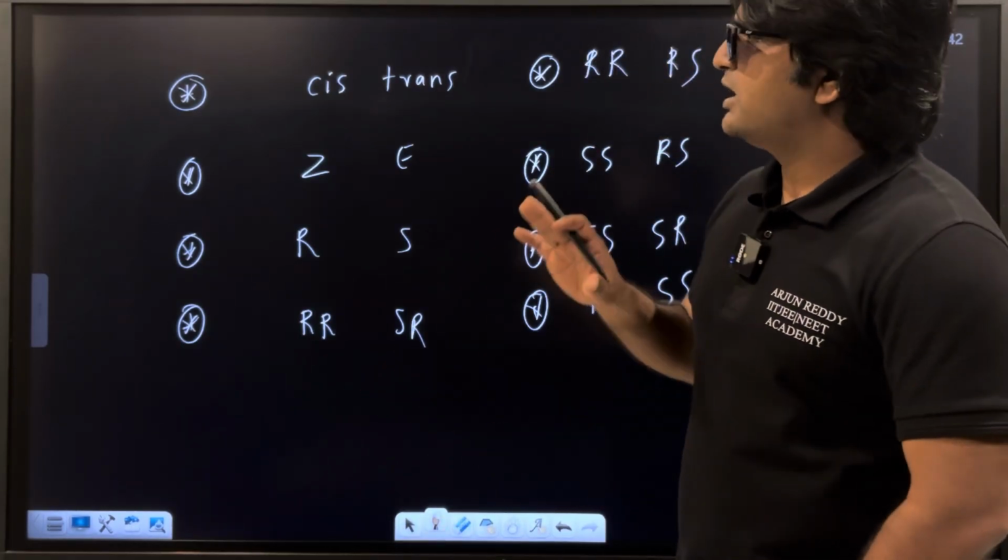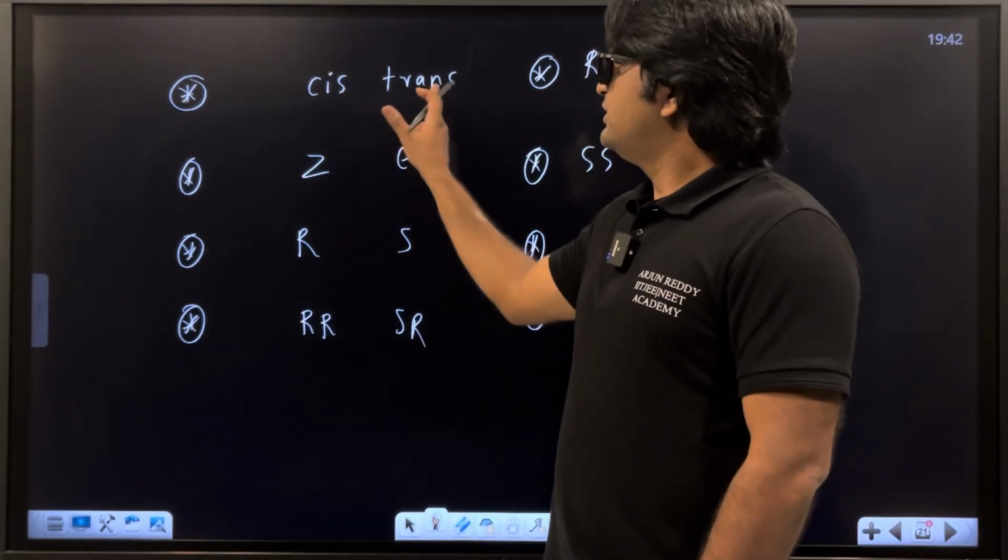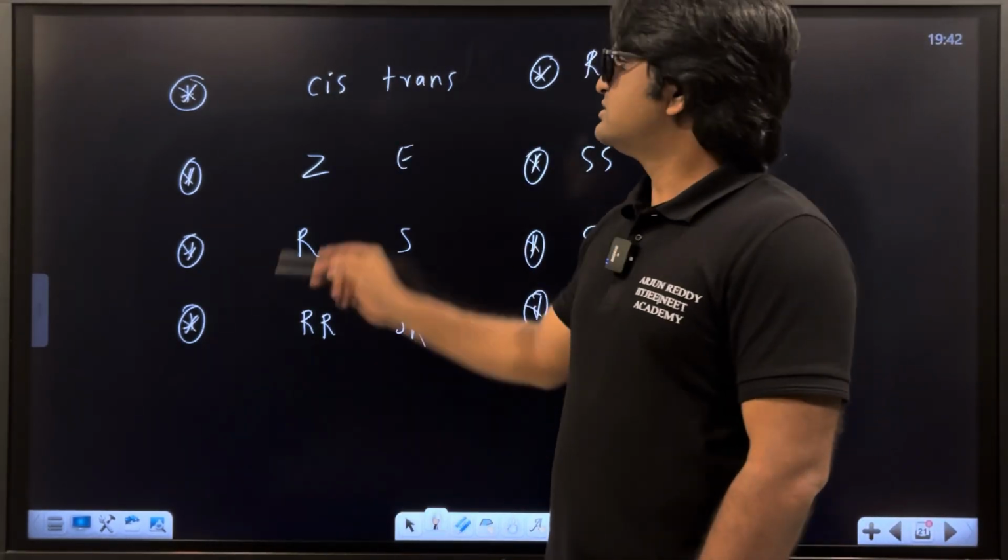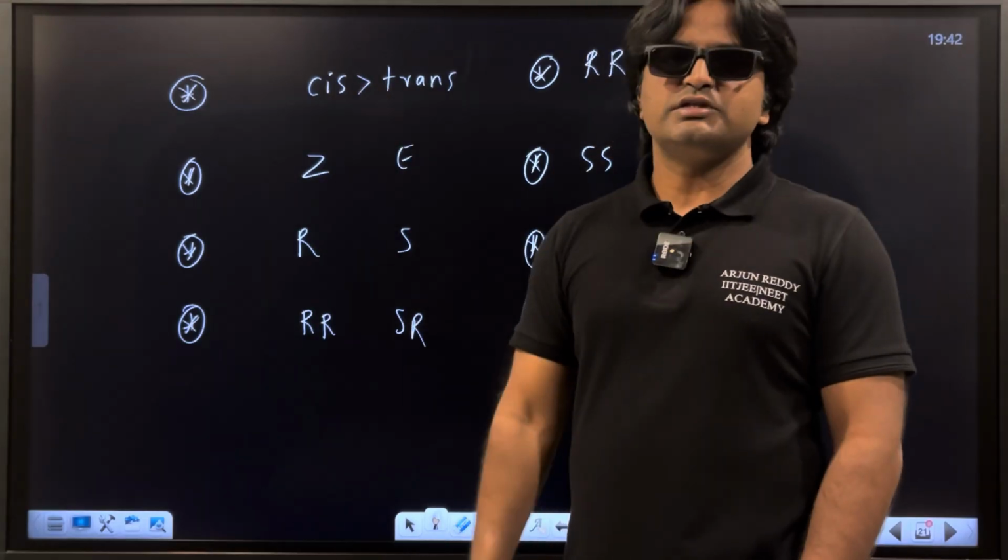For example, according to RS configuration, if there is a competition between cis and trans, high priority should be given to cis.